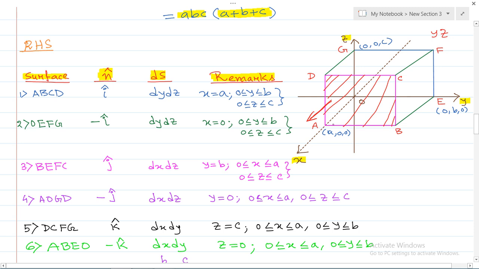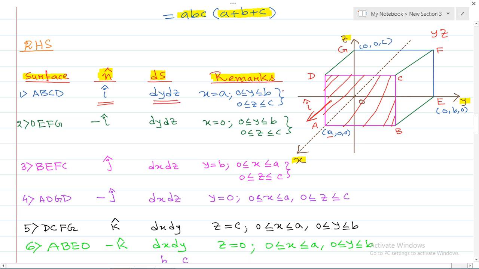So along the x-axis, what is our unit vector? That is i cap. So we have n cap equals i cap. Since this surface is parallel to the YZ plane, for this surface ABCD, basically y and z are varied, but x is fixed at point A. So ds is going to be the elementary area, that is dy into dz.